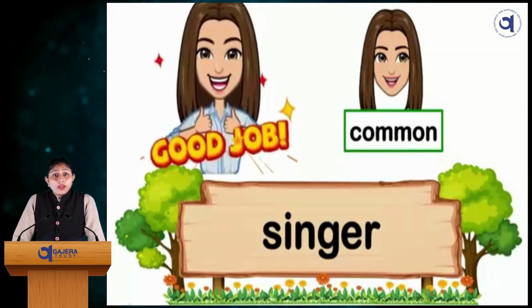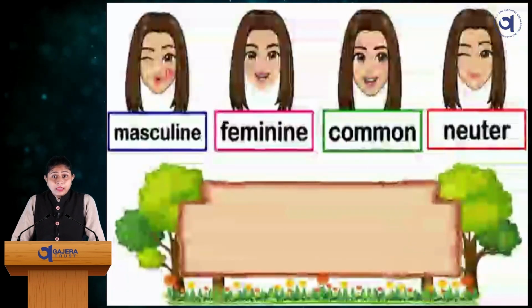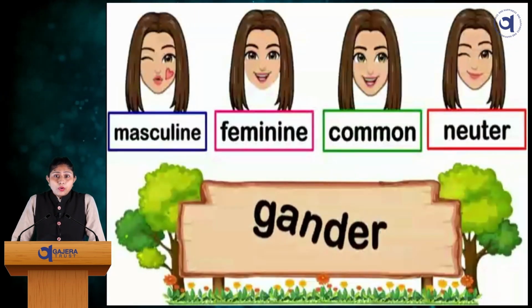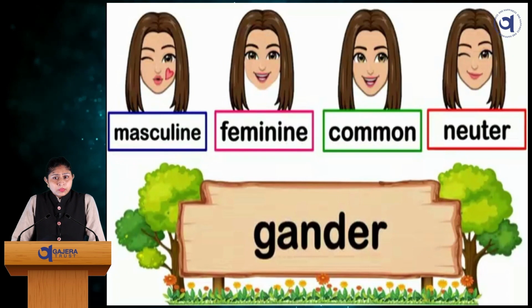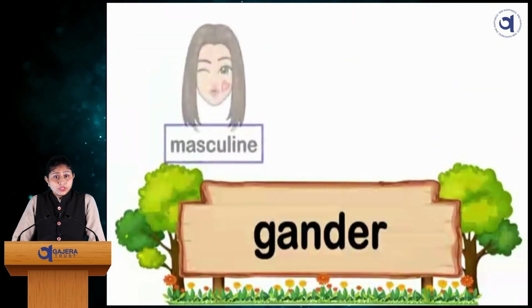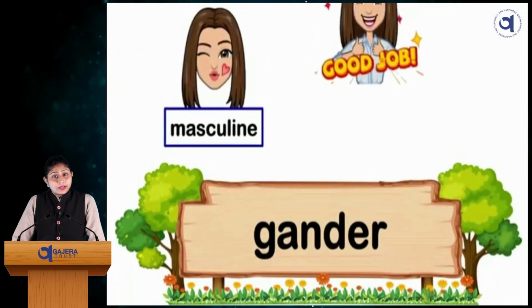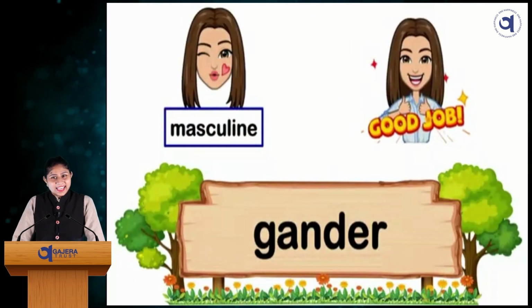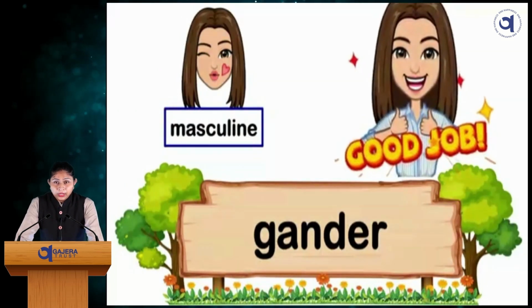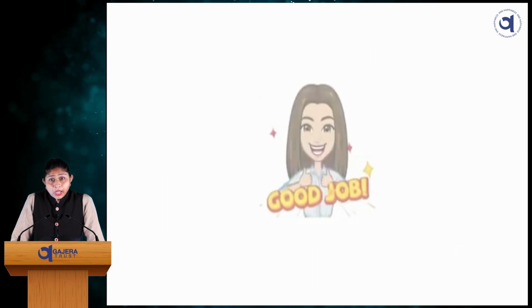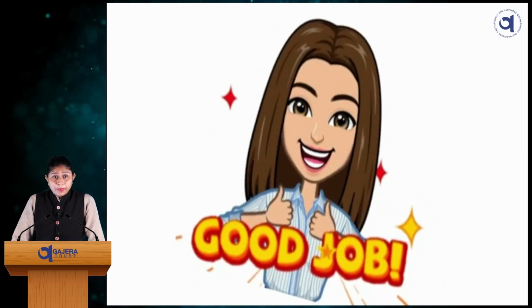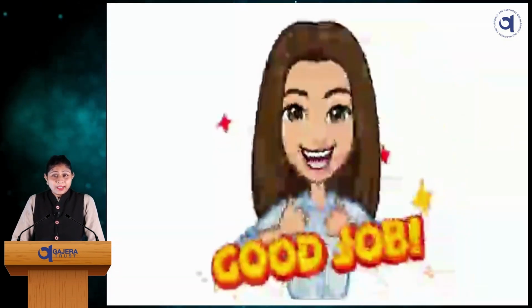I hope you all are getting the examples correctly. Okay. Now, the last one is an animal, and it comes in masculine. Yes, very good. Now, I hope you all understand this topic and enjoyed it.